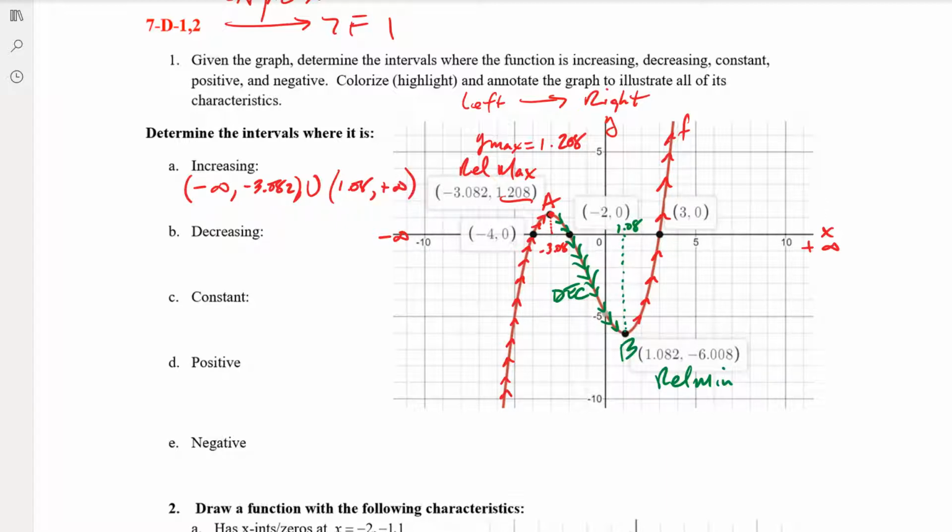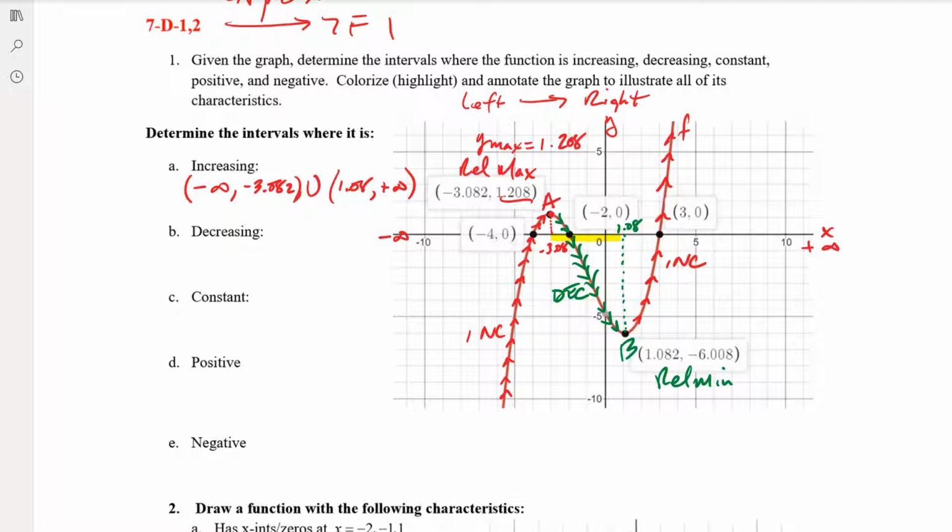Those are the open intervals where it's increasing because it's going to the upper right. Then from A to B, in between these two numbers on the x-axis, it's going down, in green.